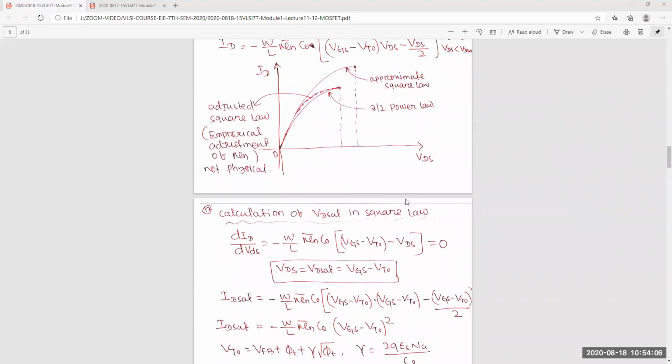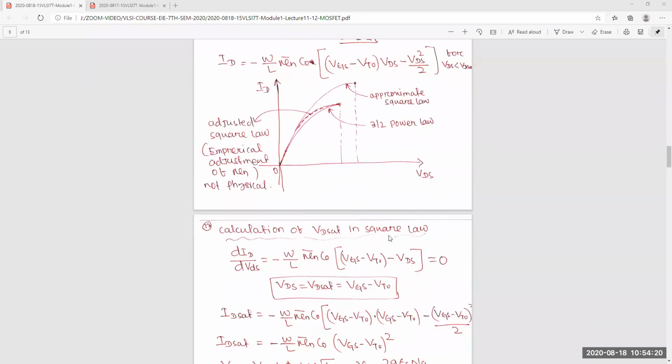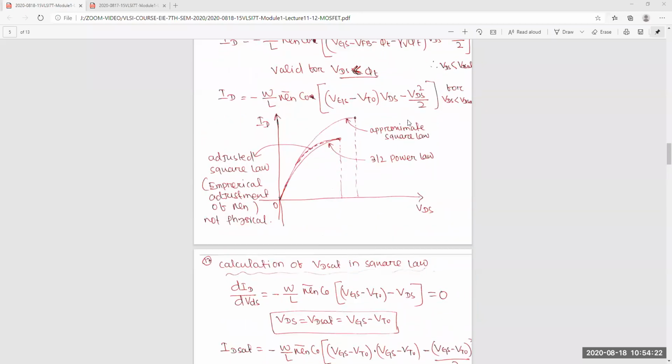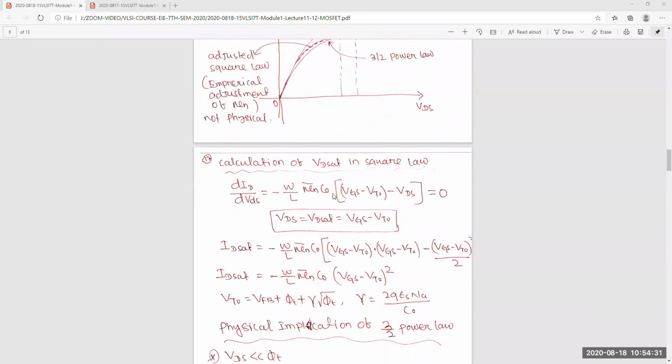If you differentiate, you will get W, L, mu and Cox, and the square term. You differentiate the square; the 2 will be cancelled, and this will be VGS minus VT0. Is it correct? Yes or no?